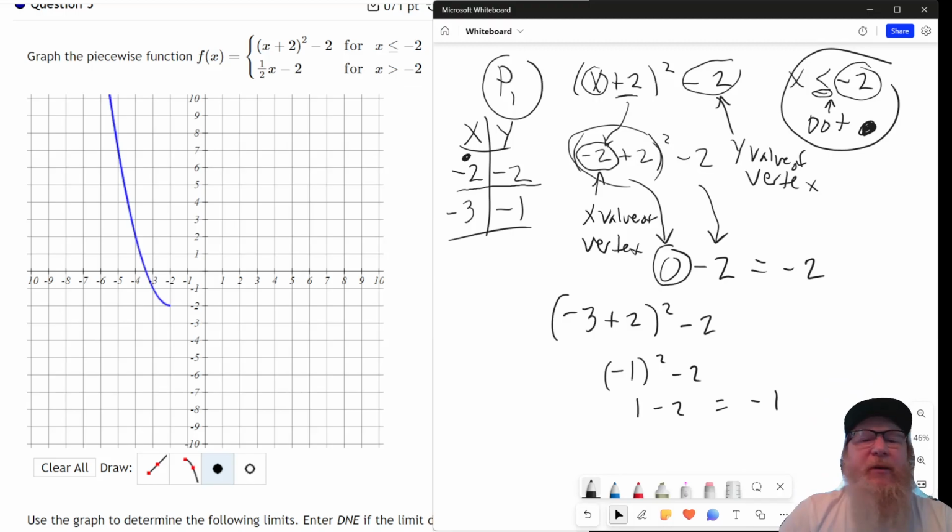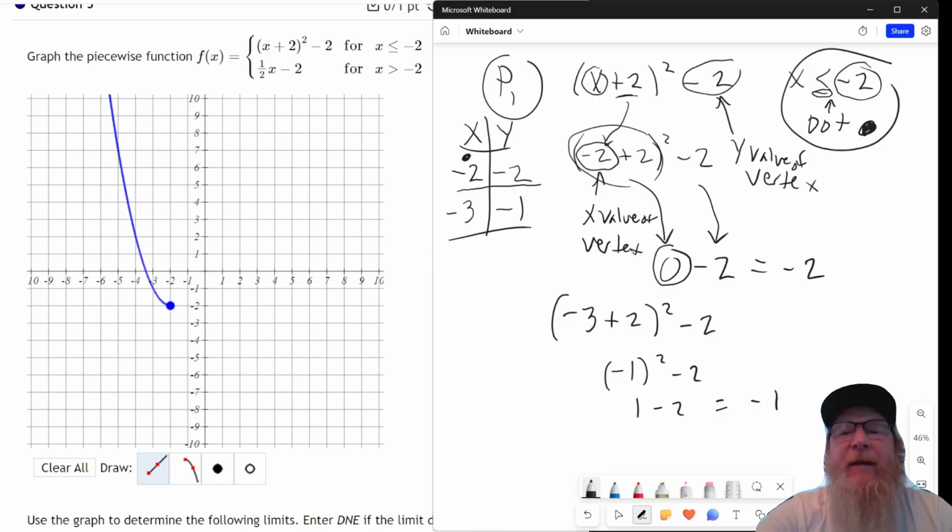You don't have to wait on dots. You should wait on the hole though, because if the hole ends up right on top of the dot, then you don't have to draw it. Let's go ahead and wait on that. Remember, the hole comes from the side of the parabola that's open.